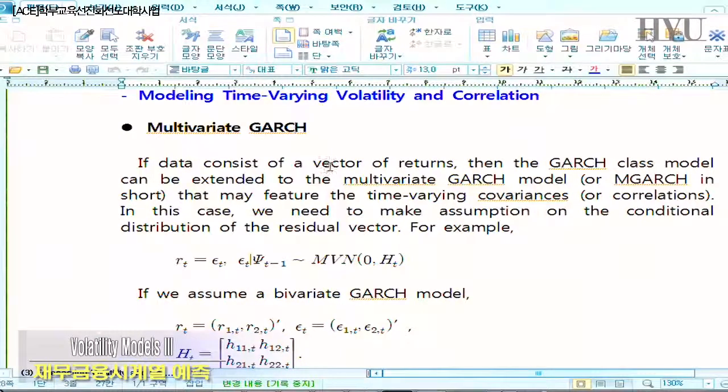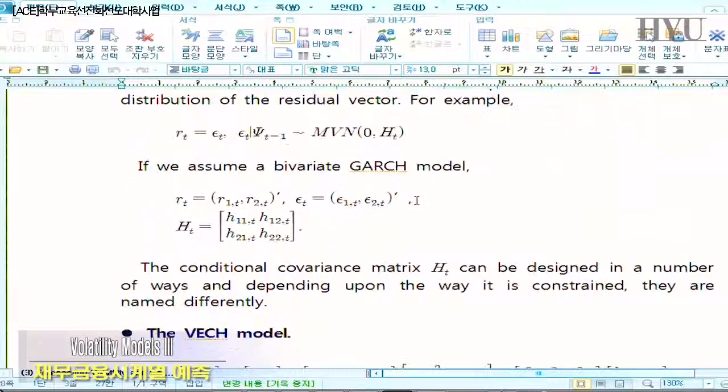And you will see the reason why shortly. So let's take a look at this simple example. Suppose you have more than one series. So a stock return of Samsung Electronics and Hyundai Motors, HMC.